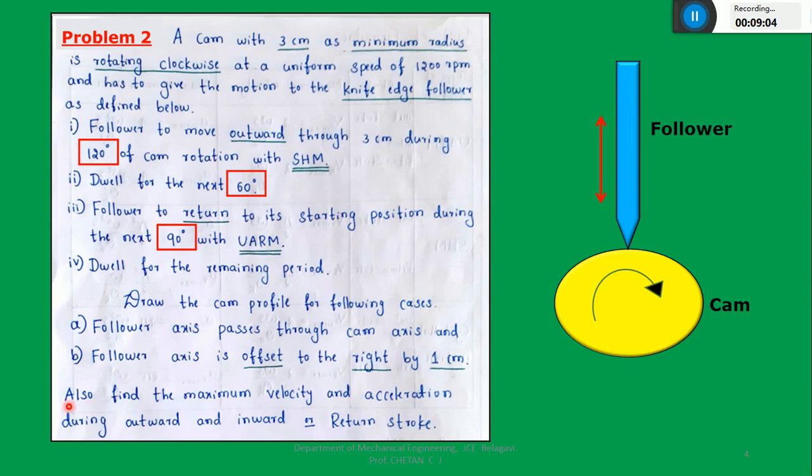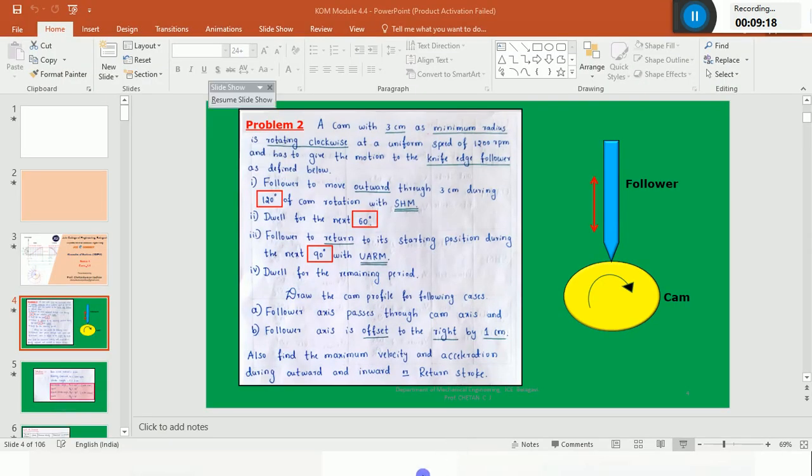And one more thing is you need to find the maximum velocity and acceleration of the follower during outward and inward stroke. Inward is nothing but the return stroke.